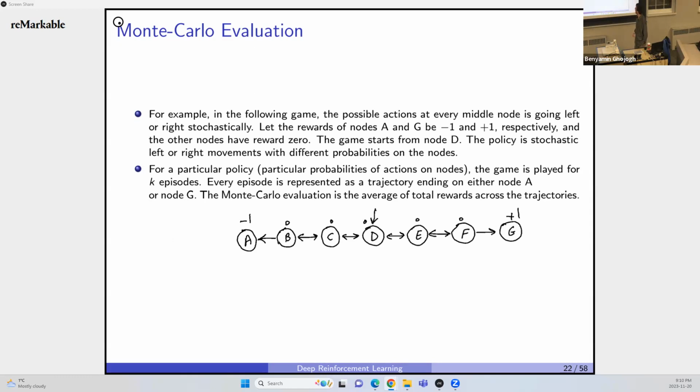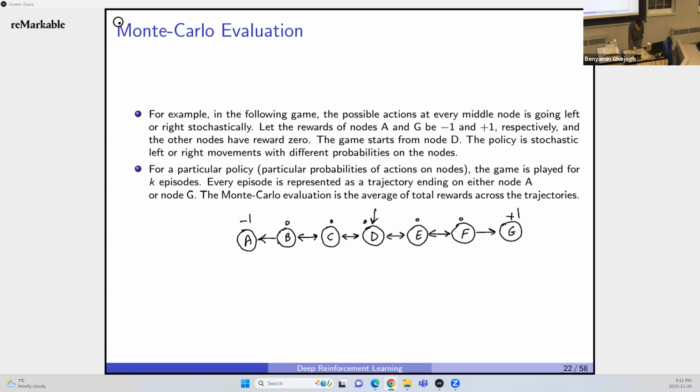Consider this game. This game is called random walk in reinforcement learning. You start from this state D. You go to these different states, and at these states the reward is 0, 0, 0. But in the very right state, the reward is 1. In the very left state, the reward is -1. I start from state D, and the actions are going right or left. The policy is stochastic here.